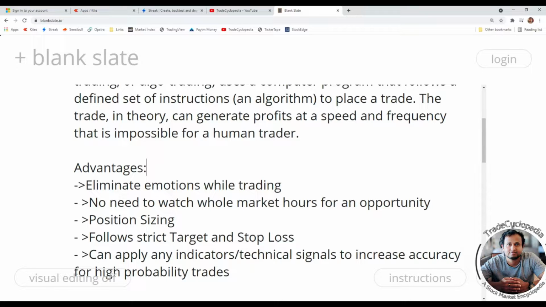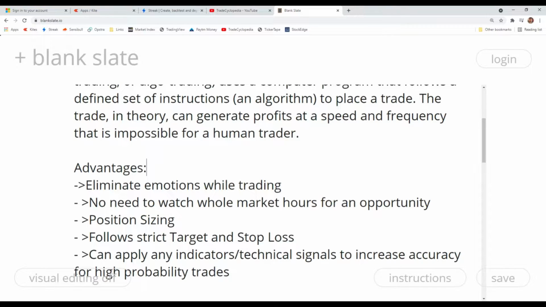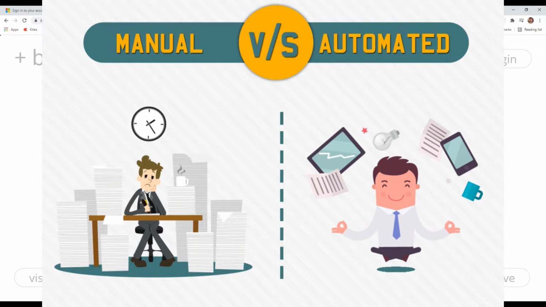So it will test my patience, of course. Again, the emotions: because it's so boring, it's not easy for everyone to wait so long for an opportunity. So what happens is, I jump into that stock before it reaches my entry level. That's another scenario which is causing a lot of trouble to retail or manual traders.